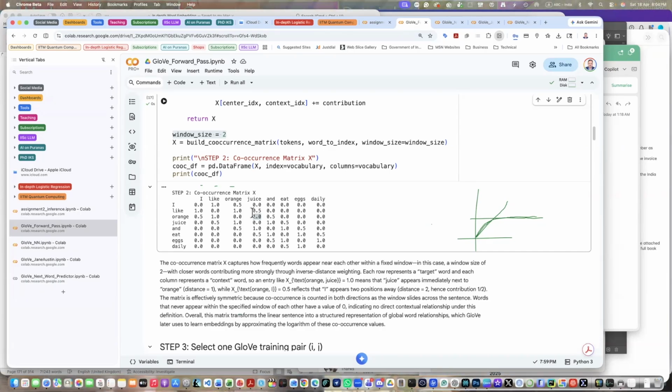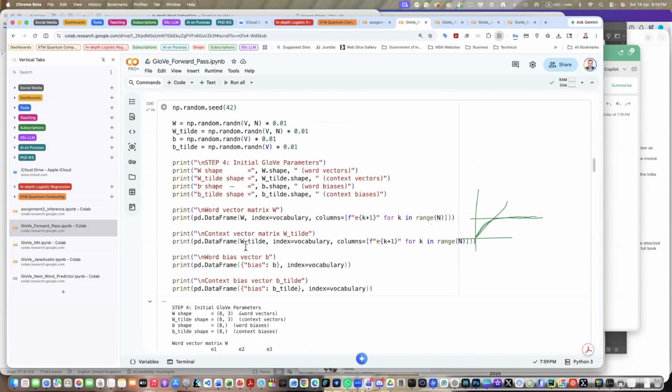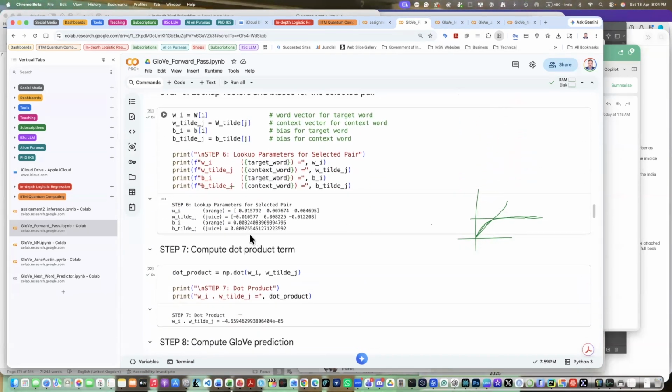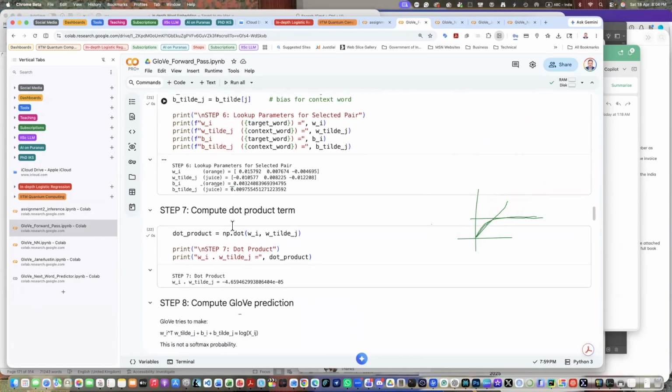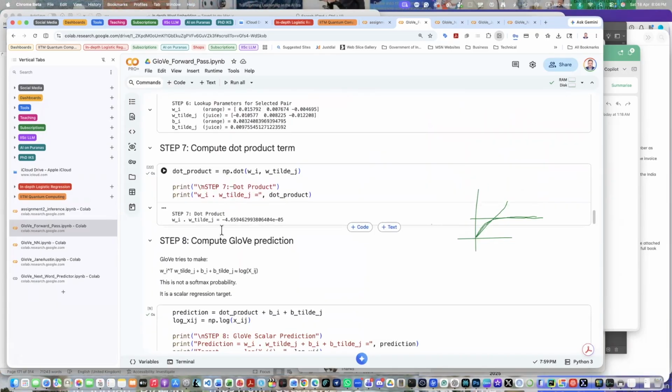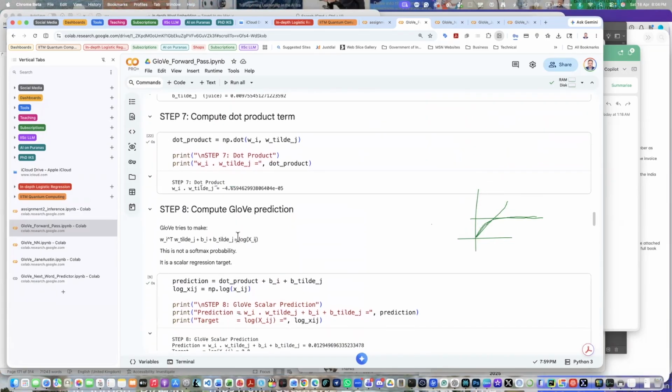So right now, by taking these pairs of calculations like wi, wj, I'm able to make a prediction of the proximity of the two words, and I know that log of xij is an indicator of how close the words are to each other.